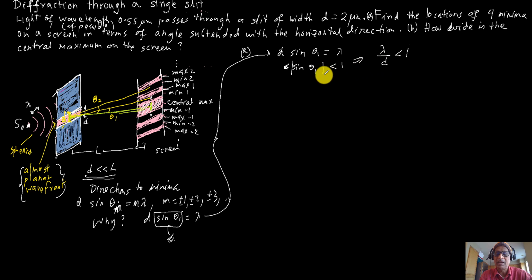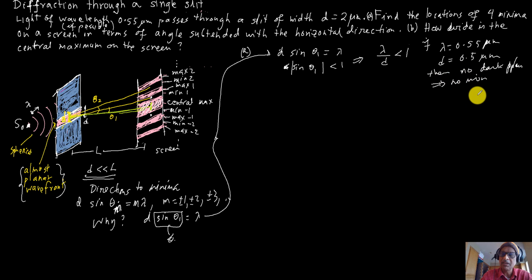So if the slit is very narrow, so if lambda is 0.55 micrometer, and if D is equal to 0.5 micrometer, then you won't even get dark places, meaning no minimum.